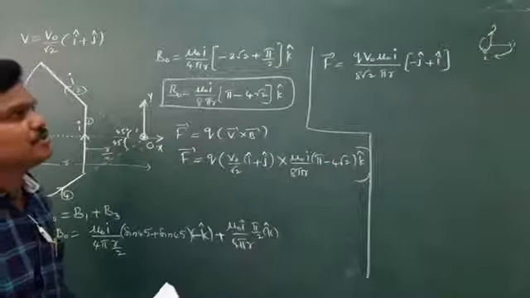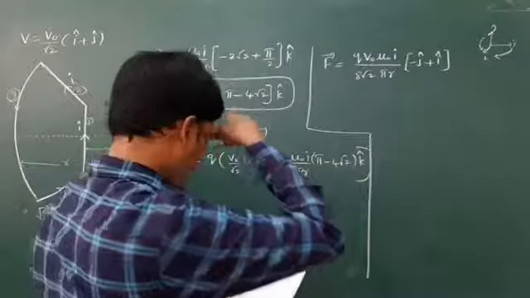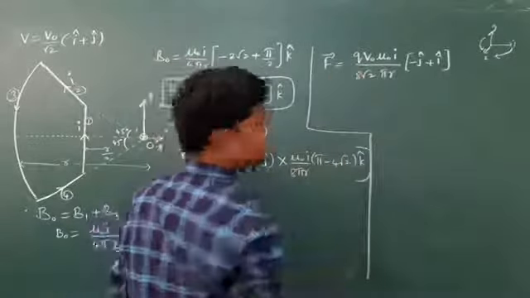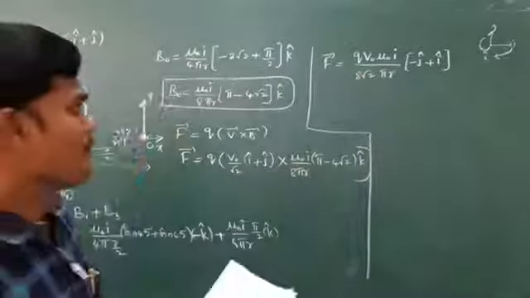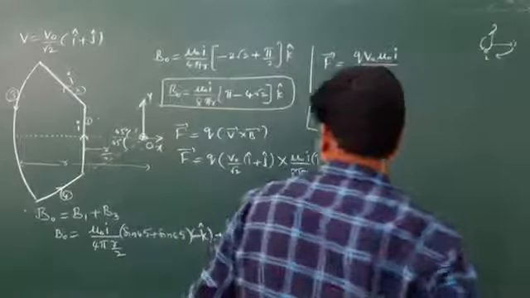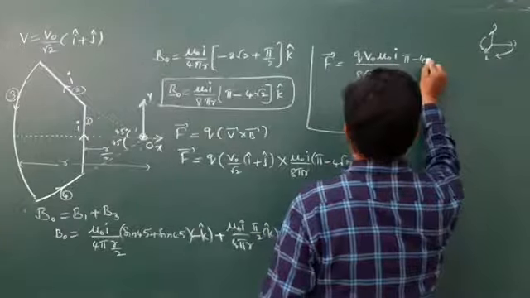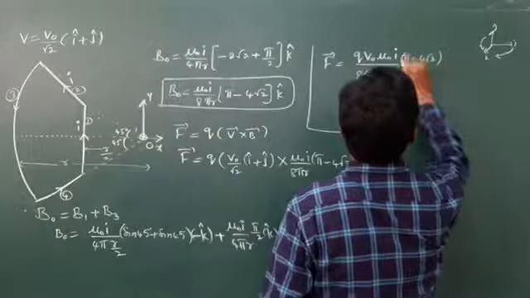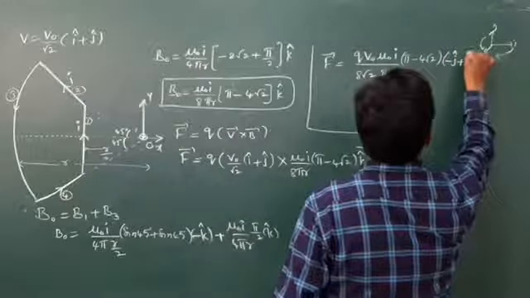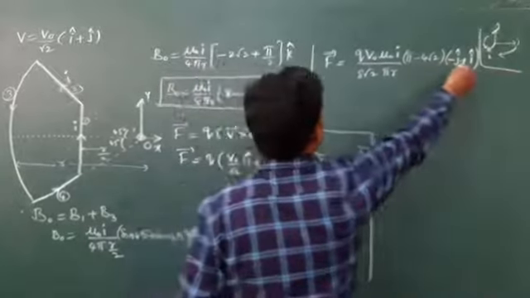So I got the force, and we can write the magnitude of the force. Sorry, some value is missing: pi minus 4 root 2 is missing. So (pi minus 4 root 2)(minus j plus I). If I take the magnitude, this becomes root 2.